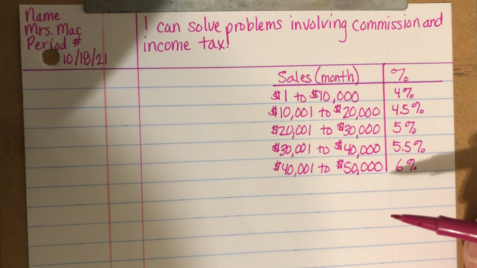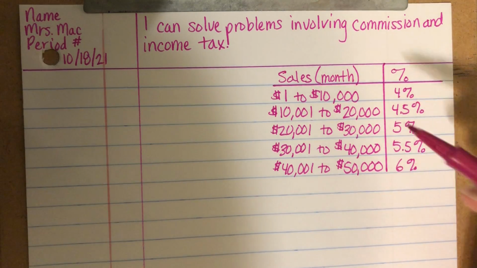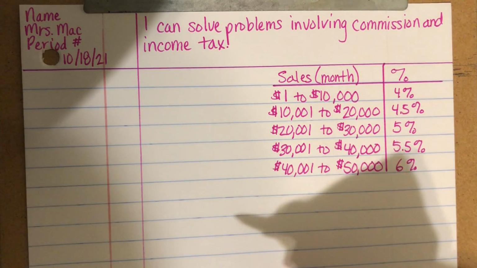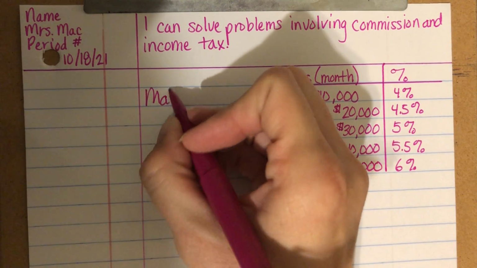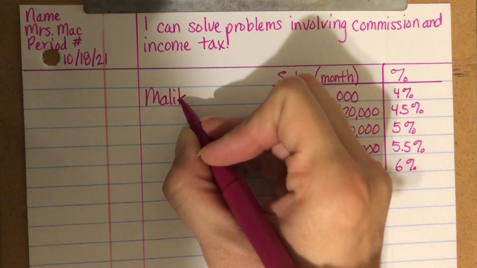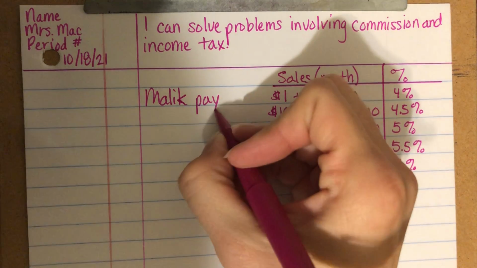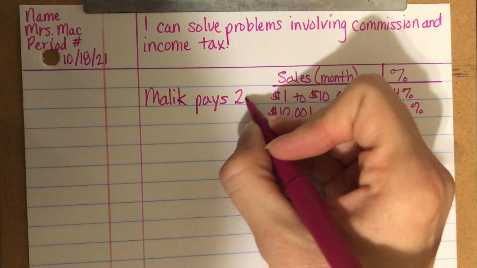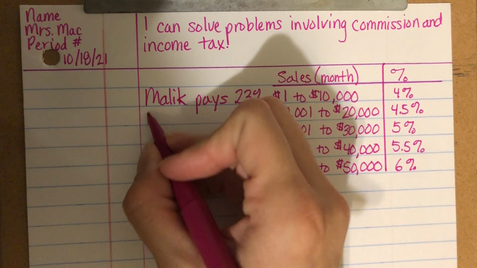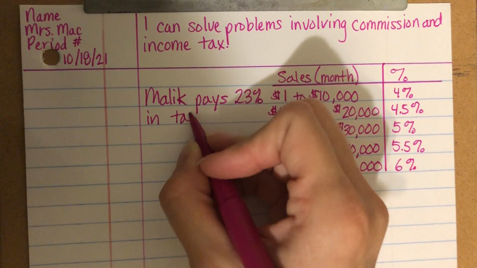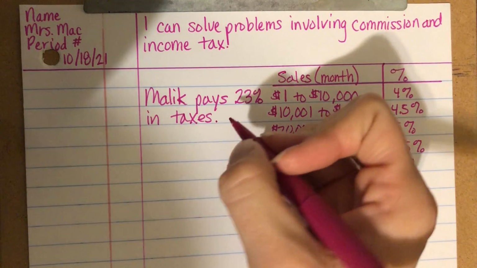Let's say, well, first of all, we need to lay out some things here. So we want to say that Malik pays 23% in taxes.